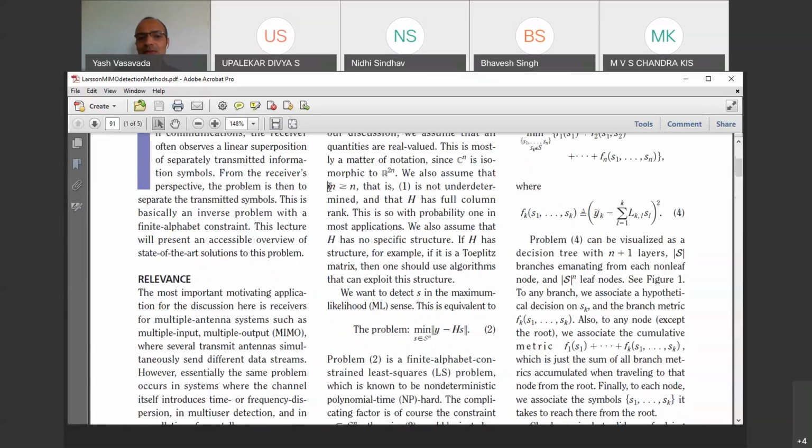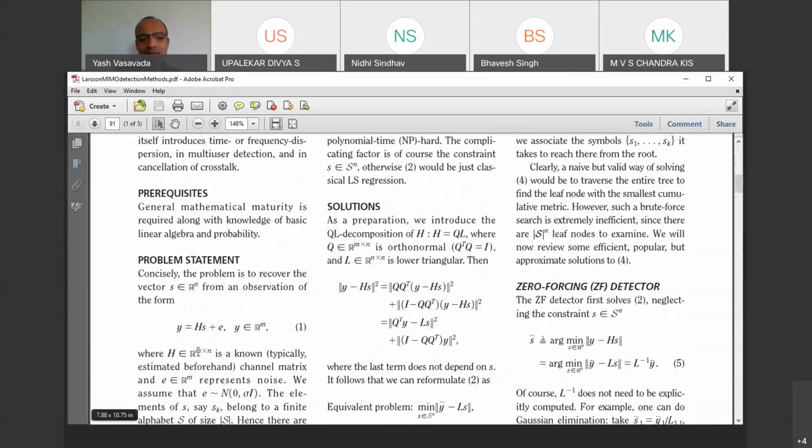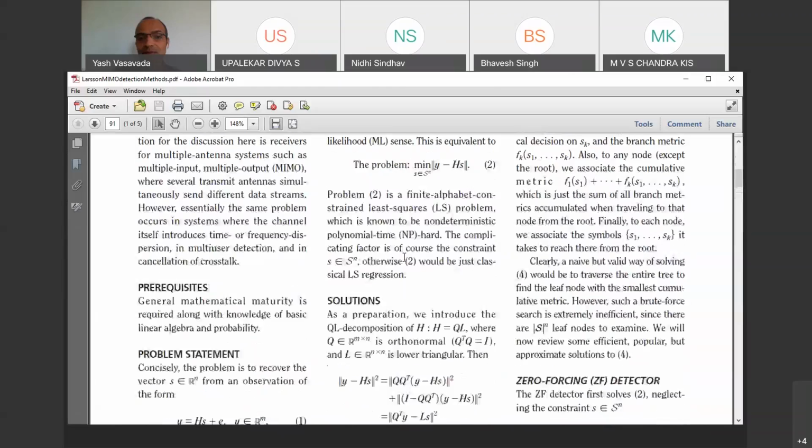An assumption is also that m is greater than or equal to n, where m is the number of rows and n is the number of columns. So n defines the number of simultaneous users, which we have called capital K in our notations, and m is equivalent to capital N in our notations.